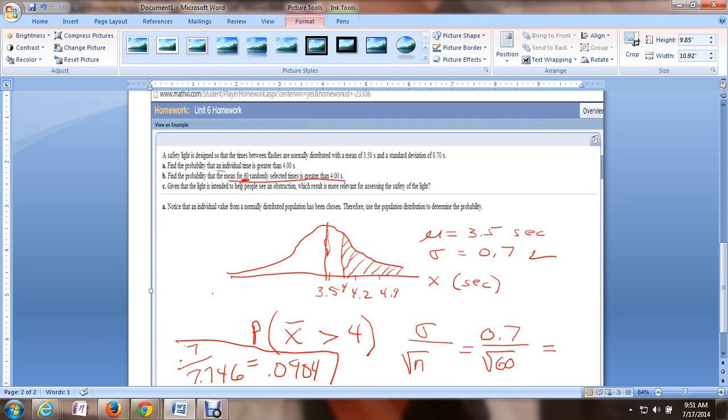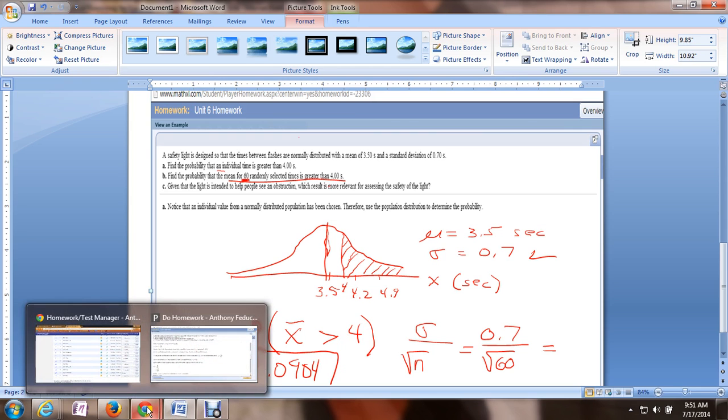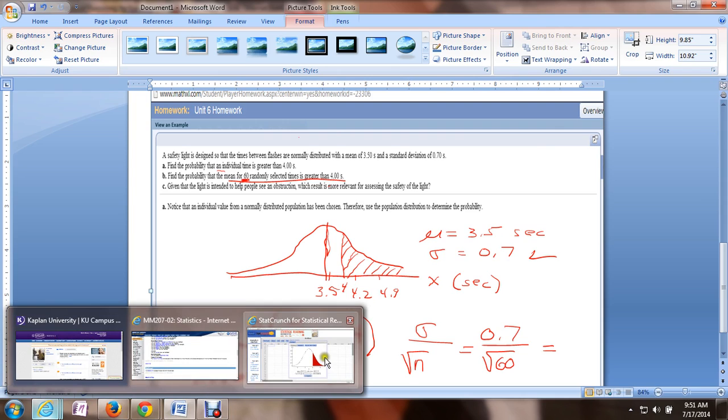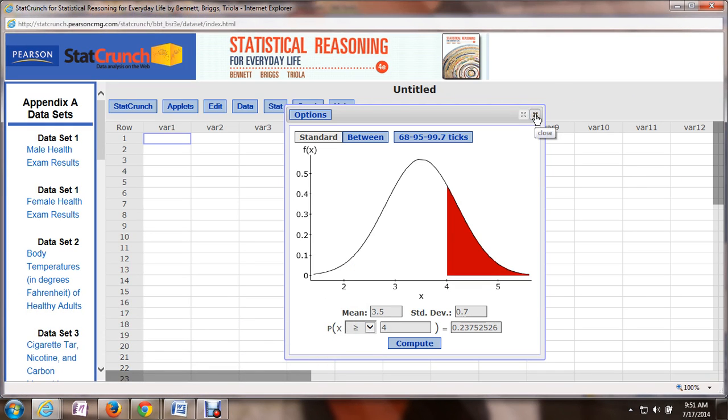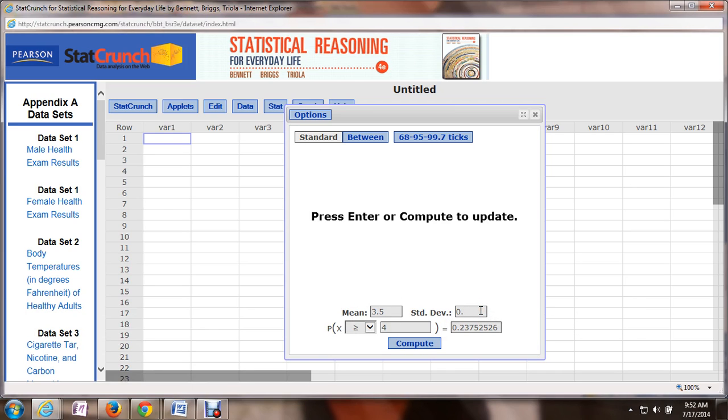They still want the probability that the average is greater than 4 seconds. So we go back to StatCrunch. Our mean is still 3.5, but now our standard deviation is 0.0904. I changed the standard deviation. We still want the probability that x is greater than or equal to 4.